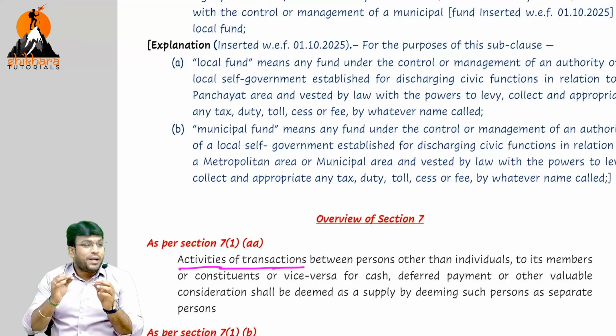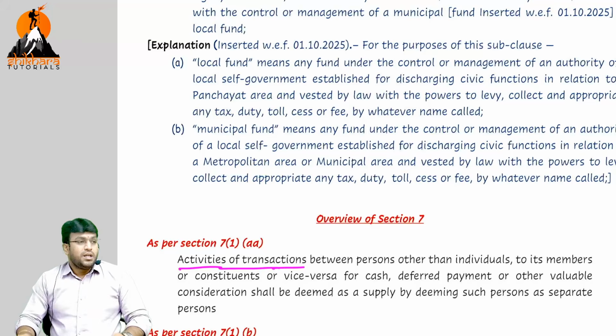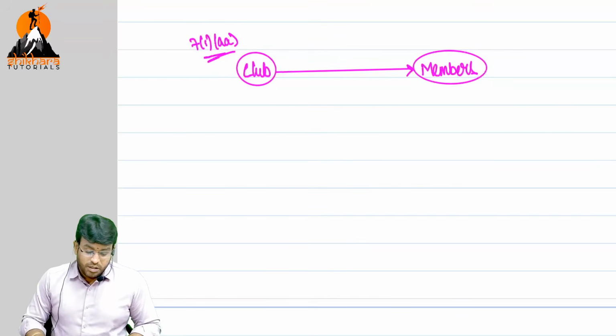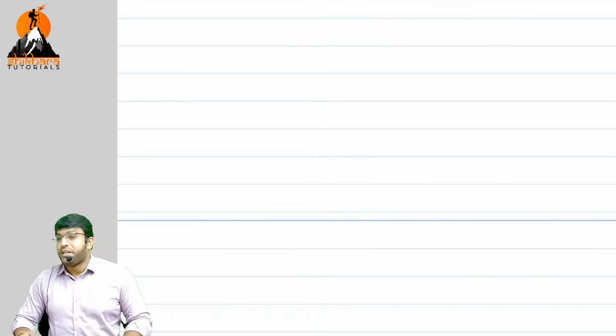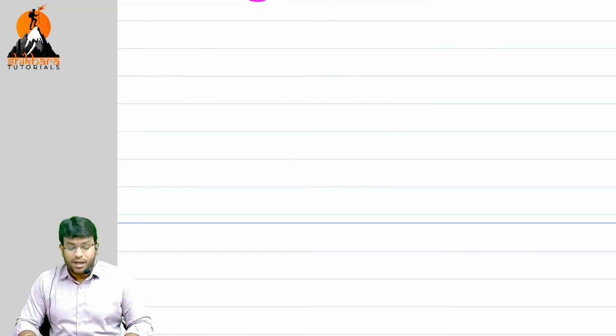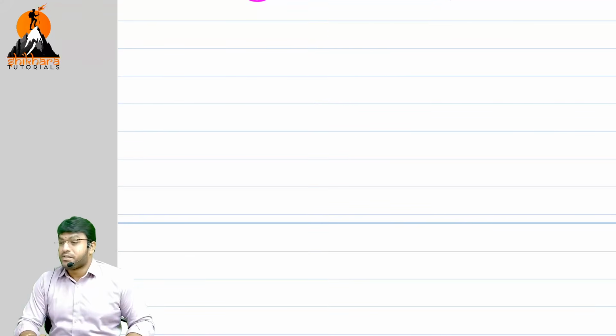Activities or transactions between an unincorporated association and its members shall be treated as supply by treating them as separate persons.